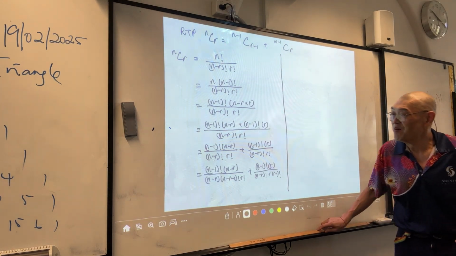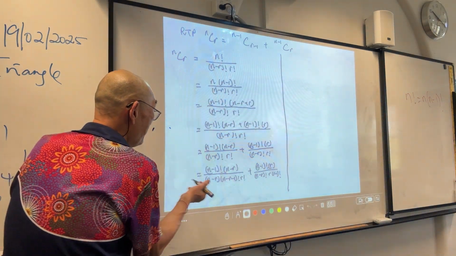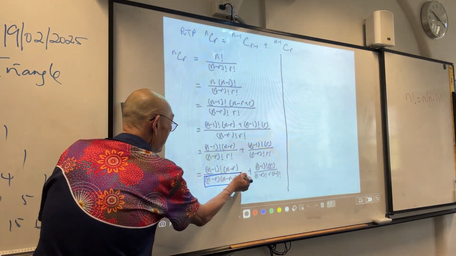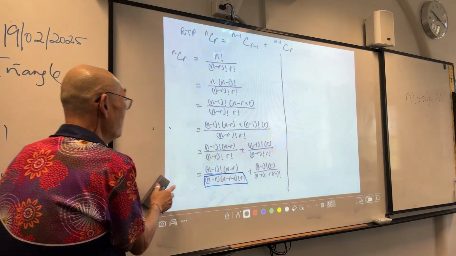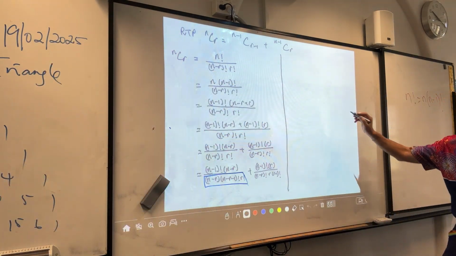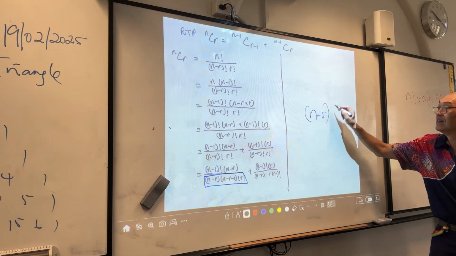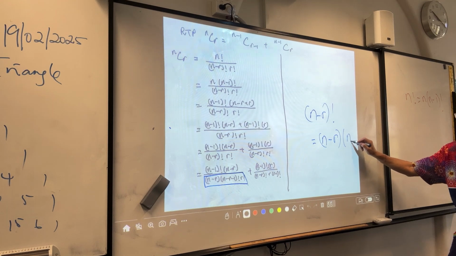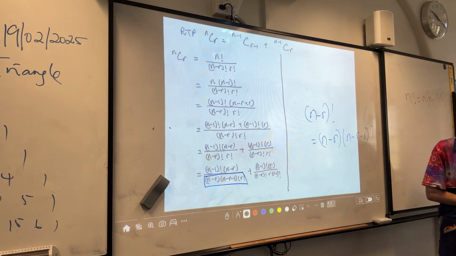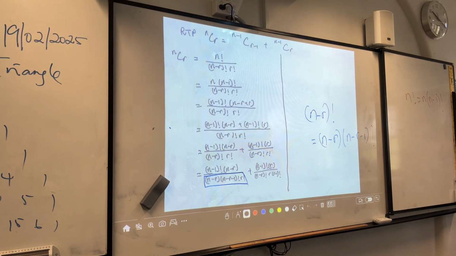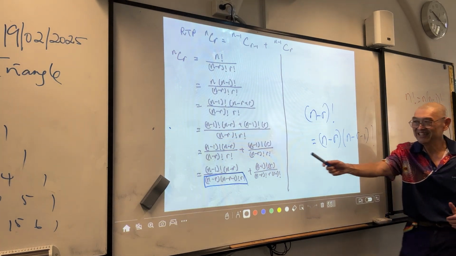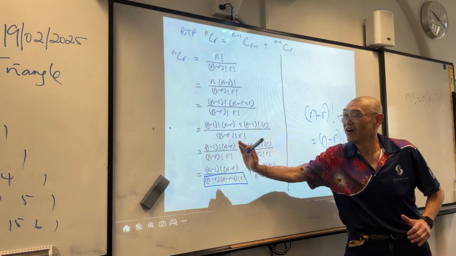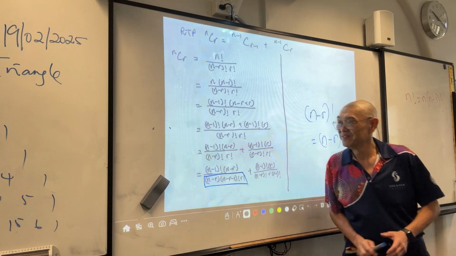The next step, what I've done is I've manipulated the bottom, the denominator. Alright? So, using the same thing, n minus r factorial is actually n minus r times n minus r minus 1 factorial. Correct? Yeah? Agree? Very good. So, I manipulated this bit here, the denominator of the first term. Alright?